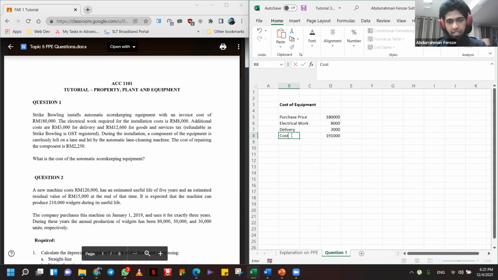Yes, that's correct. This is a very simple question. Let's do two quickly, and then question 5, which will take a bit of time. So the total cost of the automatic scorekeeping equipment is 191,000.